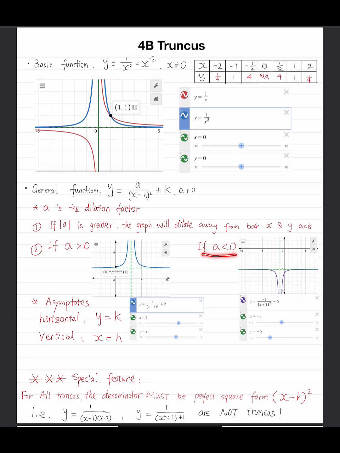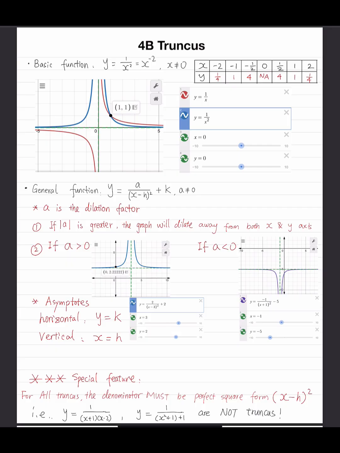If a is less than 0, you get the opposite: the graph is reflected, located in the bottom left and bottom right regions of the four regions separated by the two asymptotes.